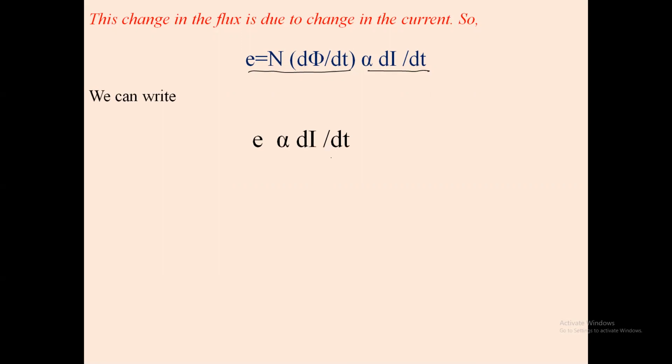Now if I want to replace the proportional sign with a proportionality constant, so here we use the constant L: E is equal to L di by dt. This is the other equation you got, where L is the self-inductance of the coil.